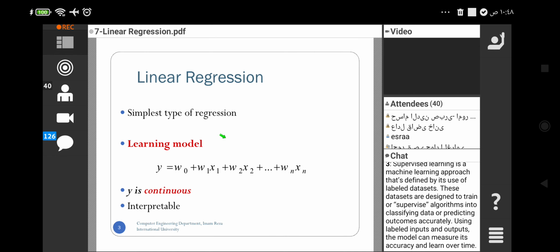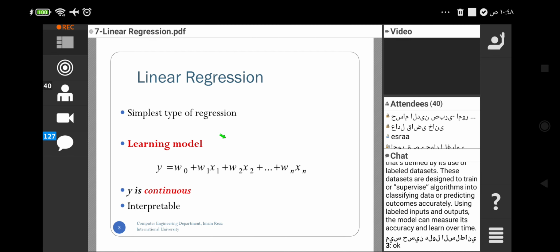This is a point about regression. So regression is very popular.